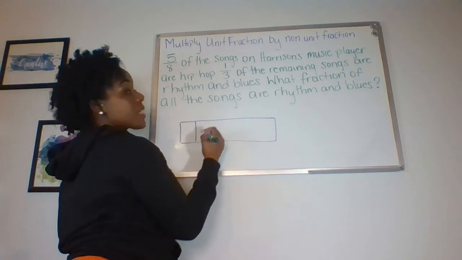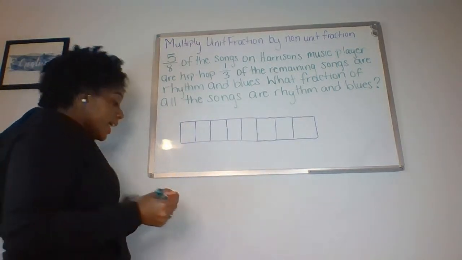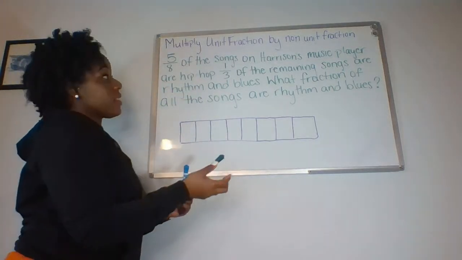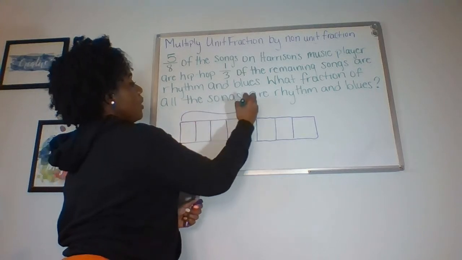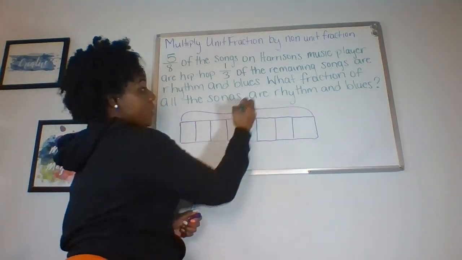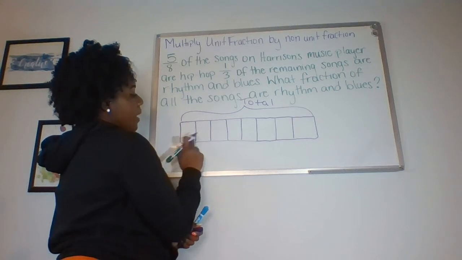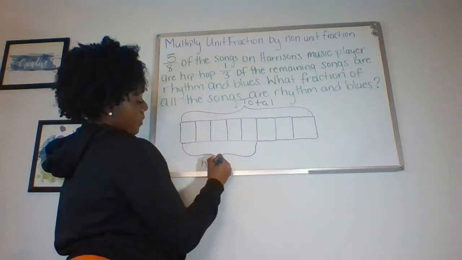So I take this tape diagram and break it up into 8 sections. They tell us that 5 out of the 8 is hip hop. So this is the total amount that he has altogether, right? They tell us that 5 out of the 8 is hip hop.